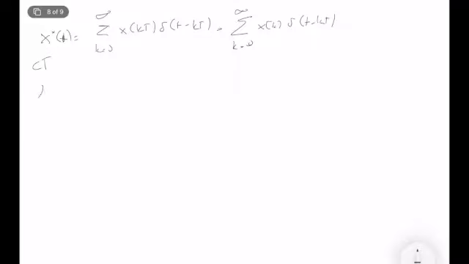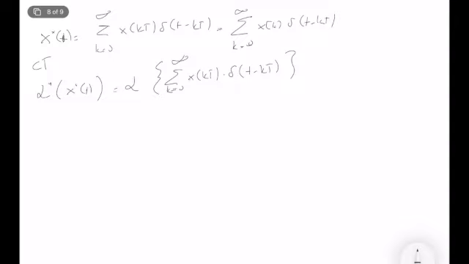So the Laplace transform of x star of t, which is weird, right? I think it's very weird. The Laplace transform of the sum from k equal to 0 to infinity of x(kT) times delta(t minus kT). What is the Laplace transform? It's a linear operation, which is important, and it uses the variable t.